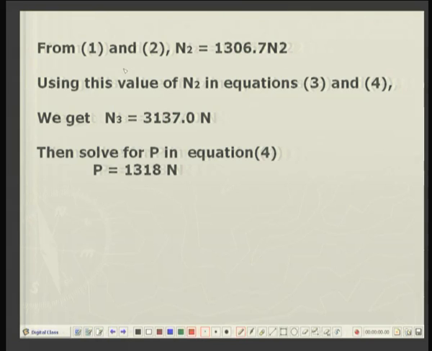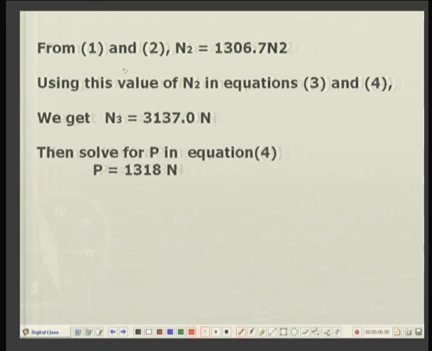Now, there are 4 unknowns, and you can solve for these 4 unknowns. From 1 and 2 you can solve for N2, and then the force required to move the block A towards the right comes out to be 1318 newtons.